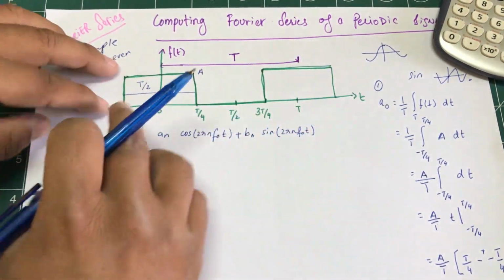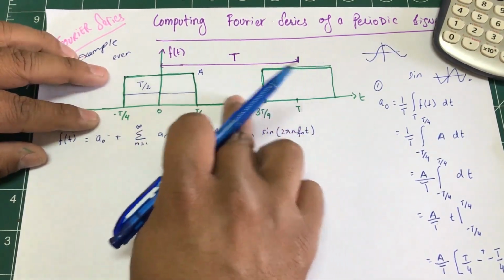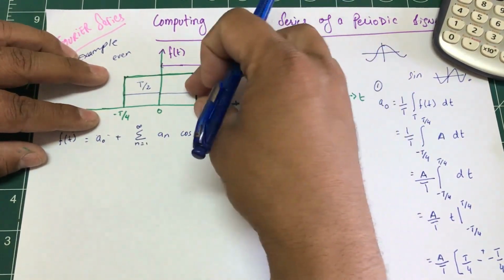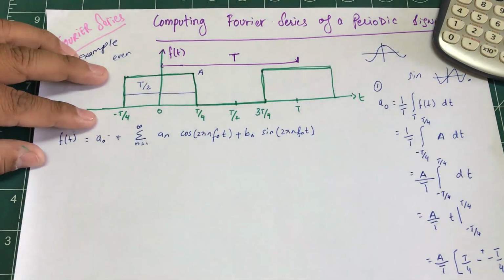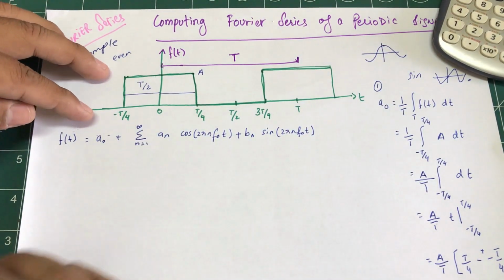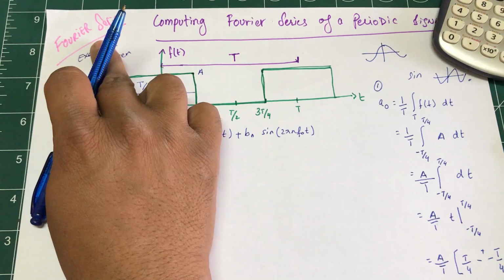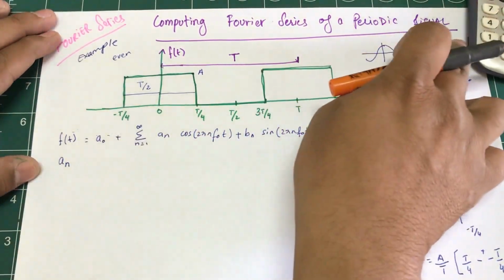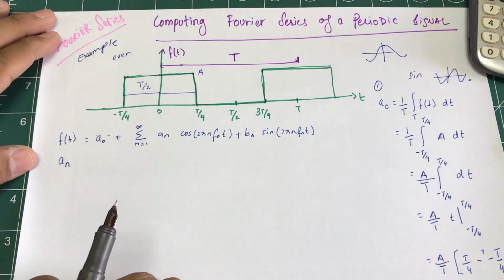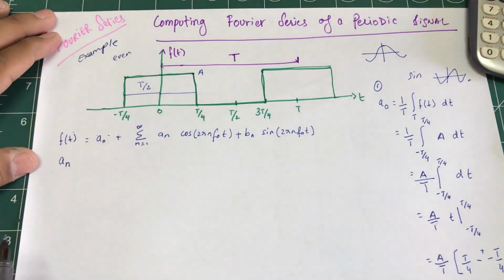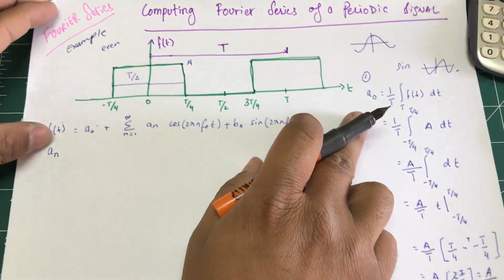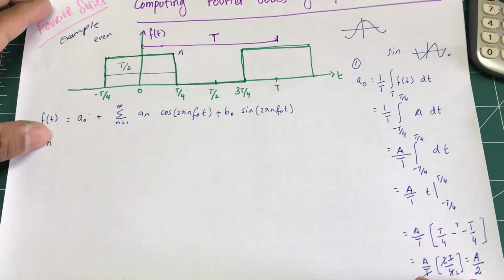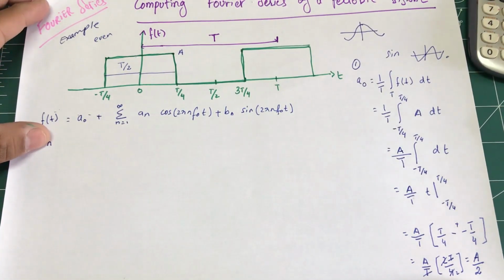Because I don't have anything here, I would end up with a half. This is another intuitive way of doing it. So we were calculating a Fourier series of a periodic signal which looks like a rectangular signal, and we came up with my a naught value, which is a half, A over 2.